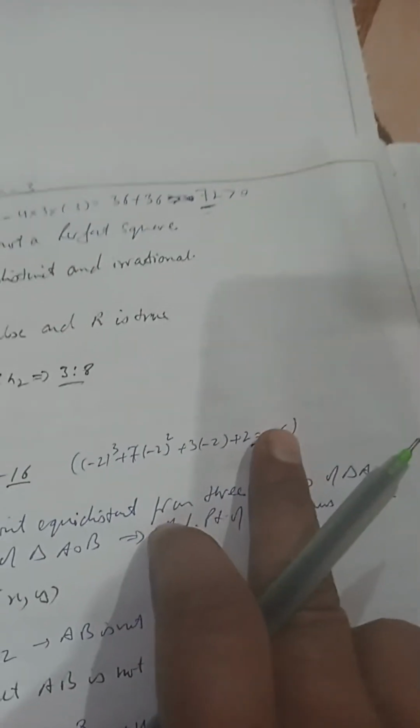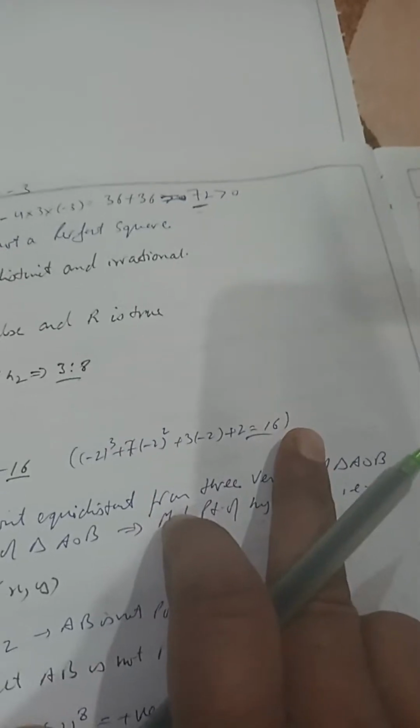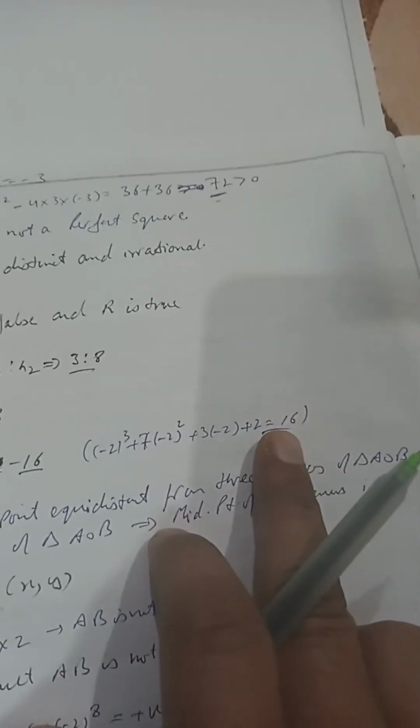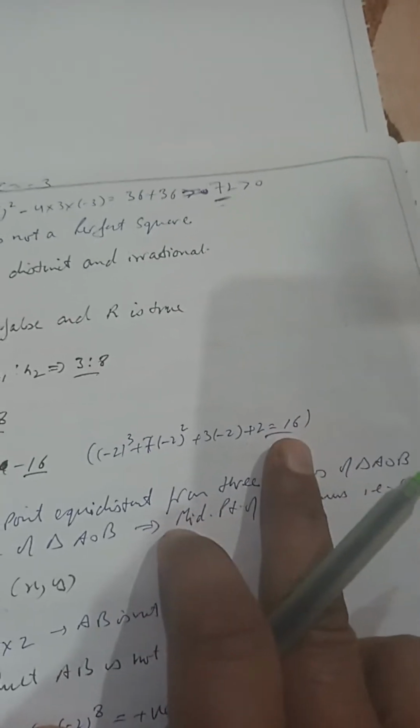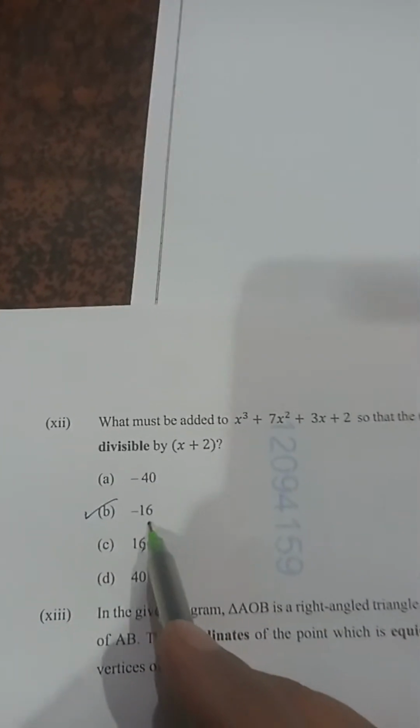If we remove this 16, then 0 will be there. So to remove this positive 16, what do we have to add? Minus 16. So the correct option is option B, that is minus 16. So for the 12th one, option B is the correct answer, and the answer is minus 16.